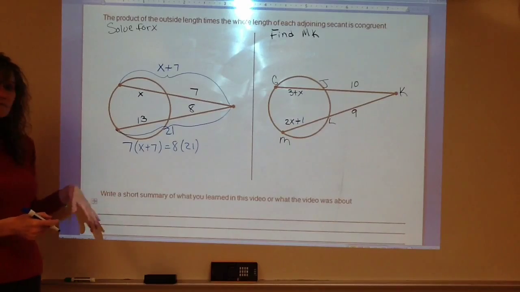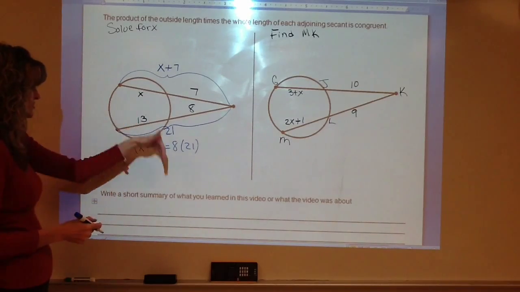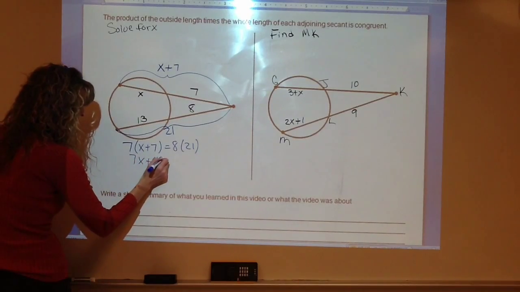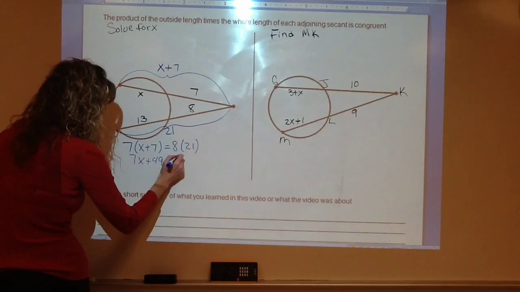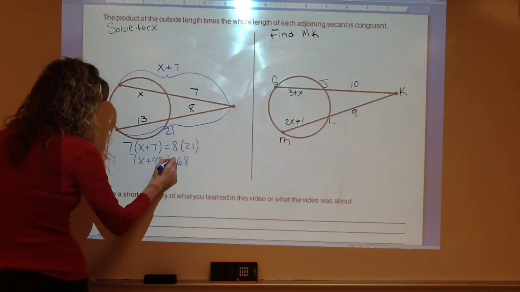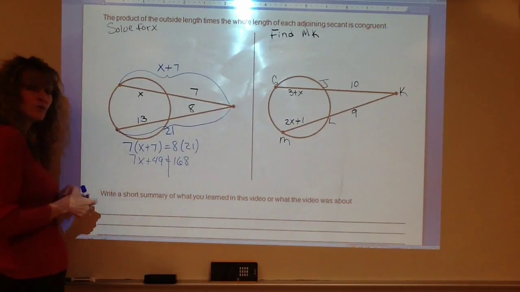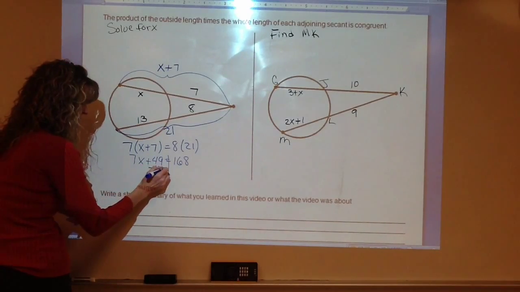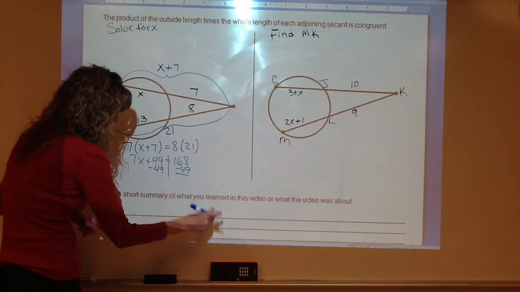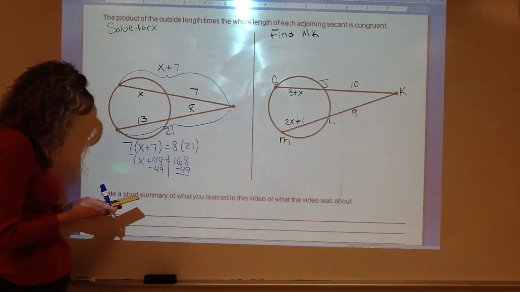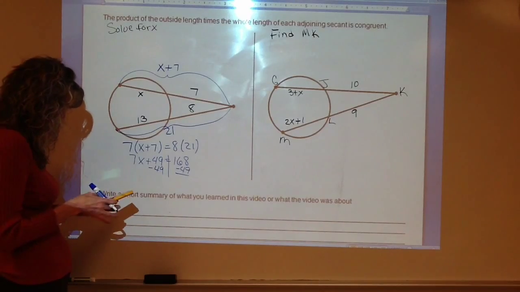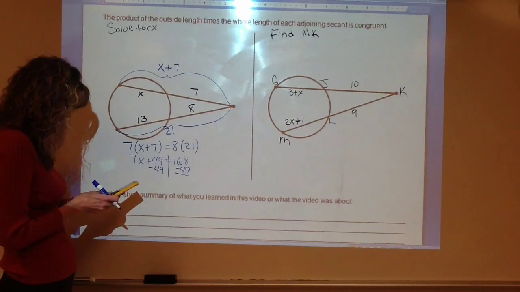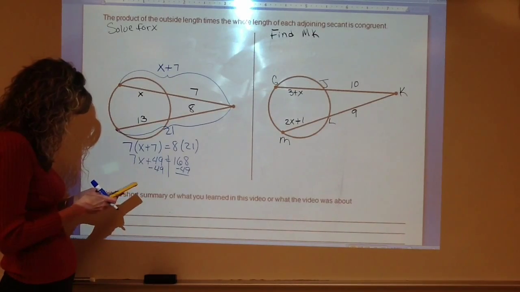So I'm going to solve it just like I always do. I'm going to distribute, so I get 7x plus 49 equals 168. And then it's just a regular old two-step equation. And I'm going to subtract 49 from both sides. So I'll go in my trusty calculator. 168 minus 49.